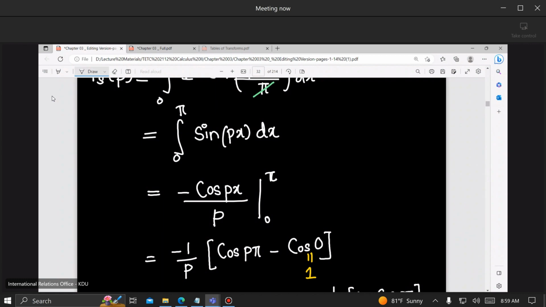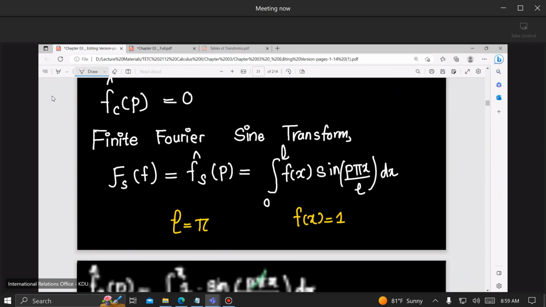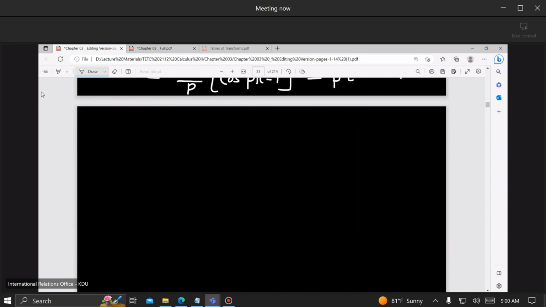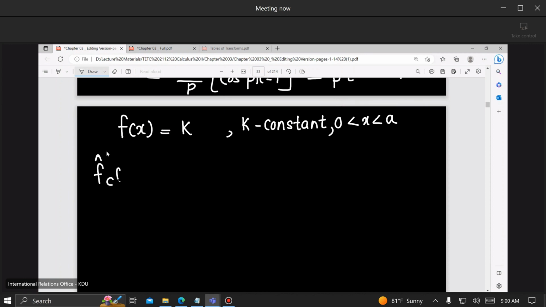So let's just assume that this is when the function f of x is given. Let's see, if it is provided that f of x is a constant, here provided as k, a constant, and x varies between 0 and another constant. We are asked to find the finite Fourier cosine transform of the function f of x.